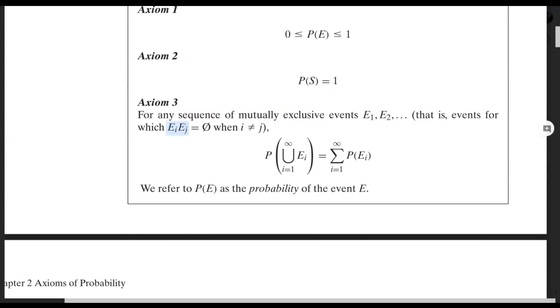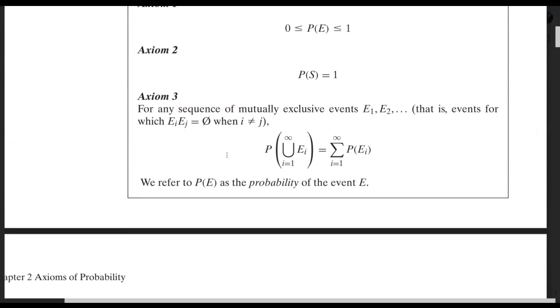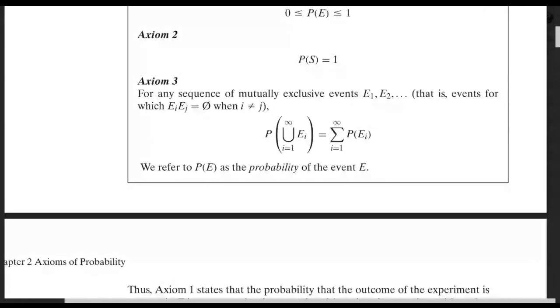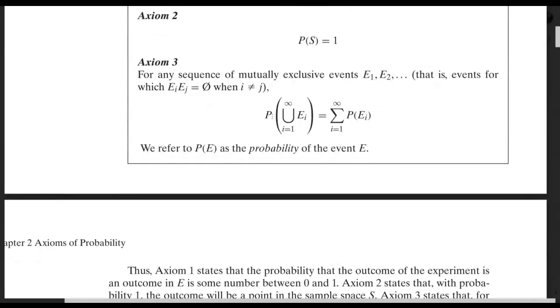Mutually exclusive means the intersection is the empty set. The intersection of the same event is itself, but for different mutually exclusive events, the intersection is the empty set. So the probability of the union of all the events equals the sum of the probabilities of the events.